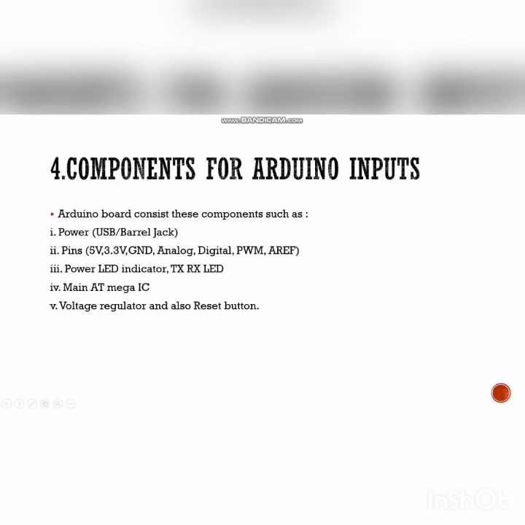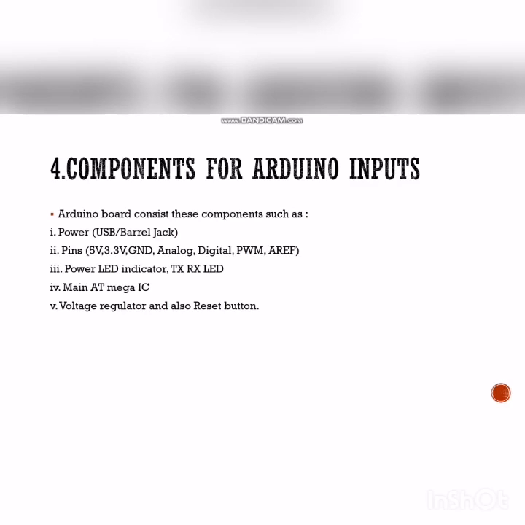Okay, my name is NAVEESHVARAN. I'm going to explain question number 4, components for Arduino inputs. An Arduino board consists of five types of components. First, power, that means USB or barrel jack.